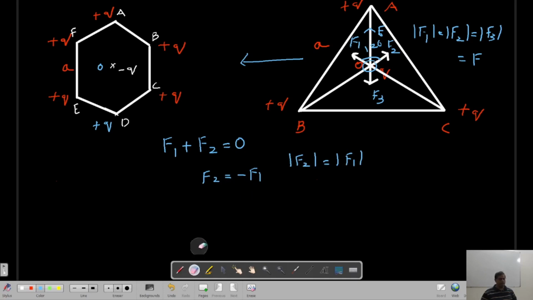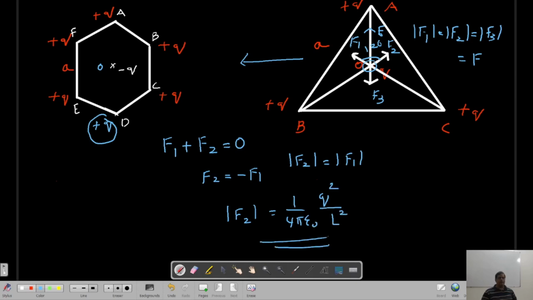F2 is the force due to the charge plus q which is not actually there, but we assume that a charge is there. Then the magnitude of the force due to the charge plus q assumed to be here, experienced by the charge minus q at O, is 1 by 4 pi epsilon 0 q squared by L squared. So that is the magnitude of the sum of the forces due to all the other charges placed at the 5 corners of the regular hexagon.